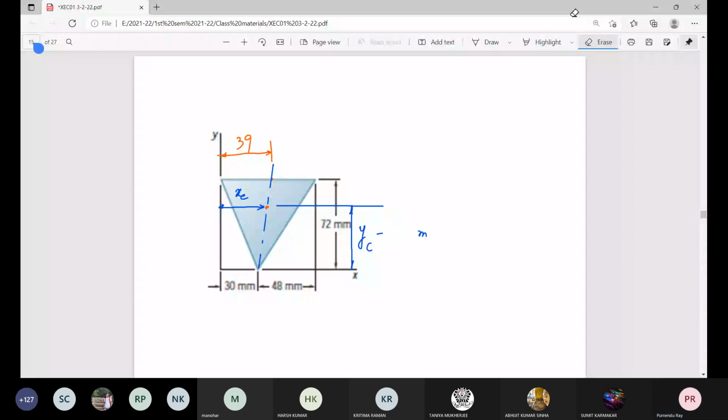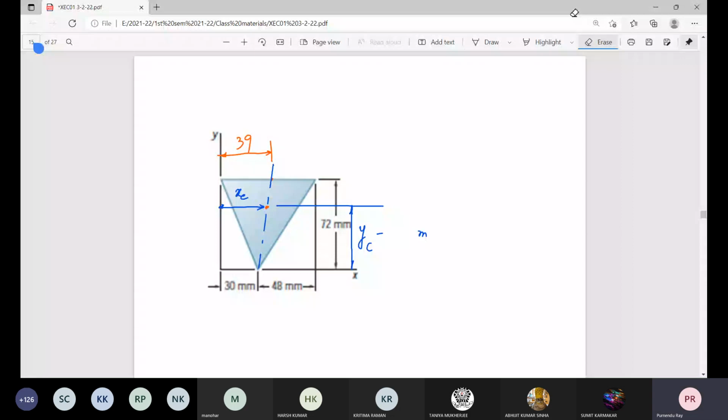Now you just subdivide the triangle in two parts. The bases of these two individual triangles: this is 30, this is 48.